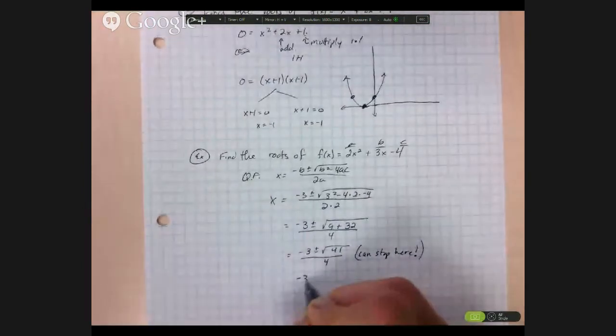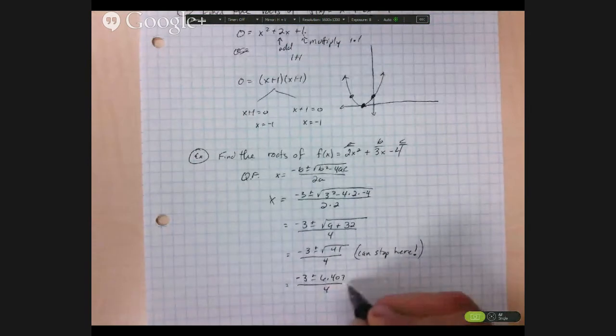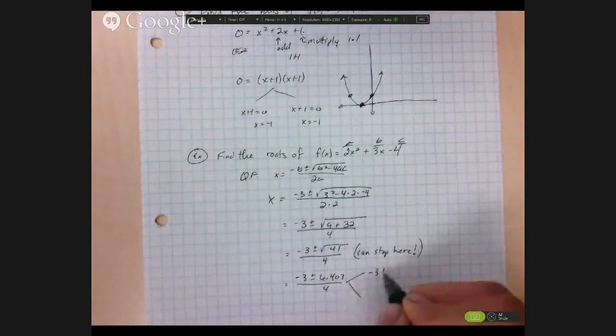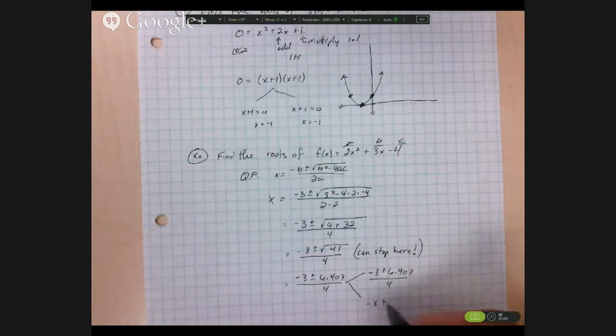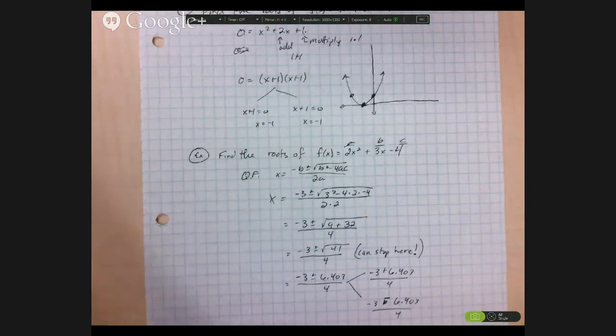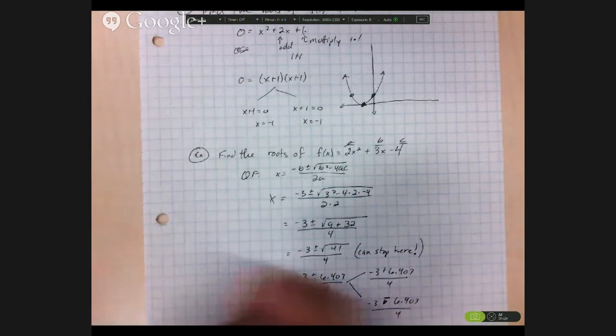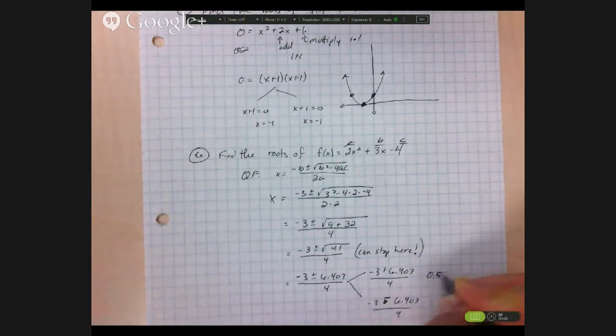6.403. So we have -3 plus 6.403 over 4. -3 minus 6.403 over 4. So 3.403 divided by 4 is 0.851.